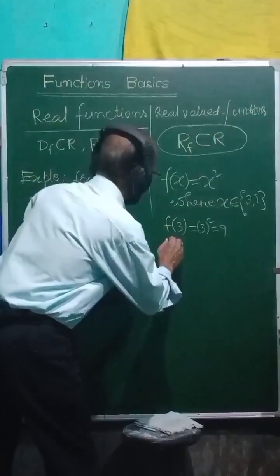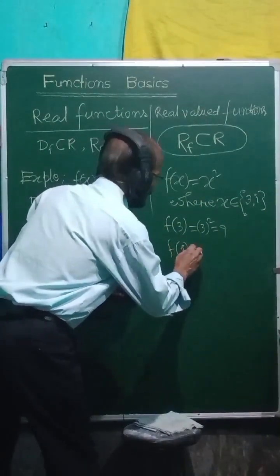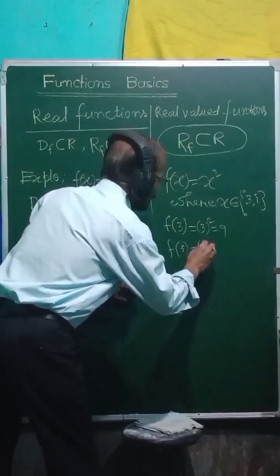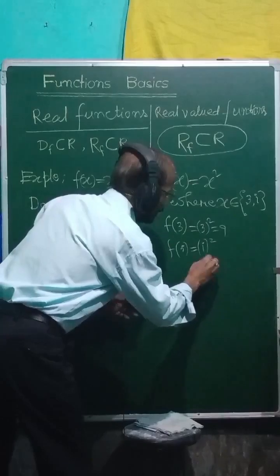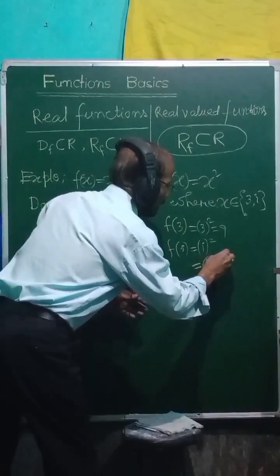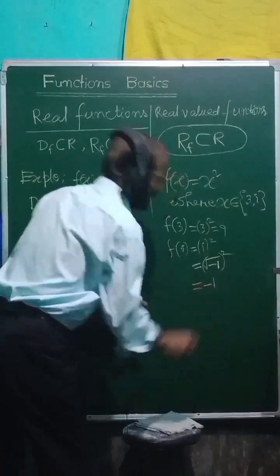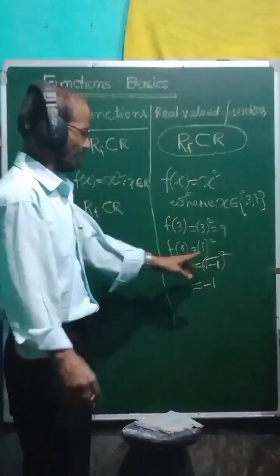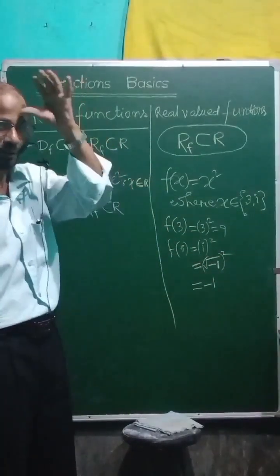Now you put this one: f(iota) = iota squared = (root over minus 1) whole squared = minus 1. You will get the details of iota, an imaginary number, in chapter 4, complex numbers.